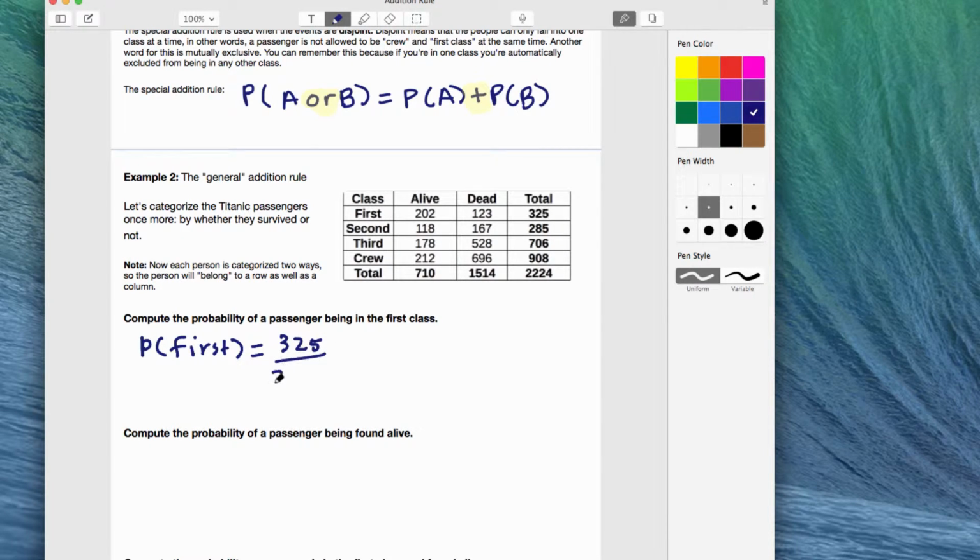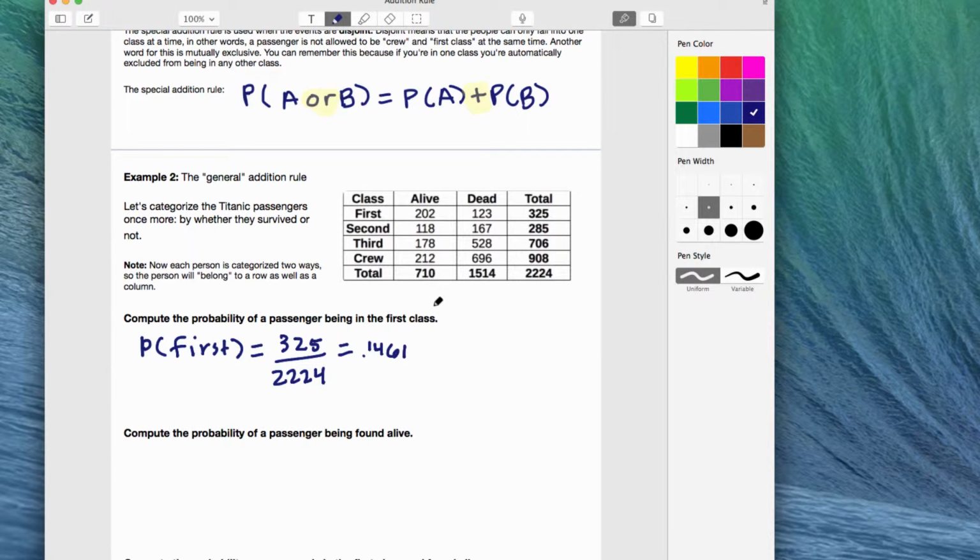Another way to look at this is that if you add up the people who were found alive and then add up the people who died in first class, you'll get the grand total. So 325 divided by 2,224, we get 0.1461.